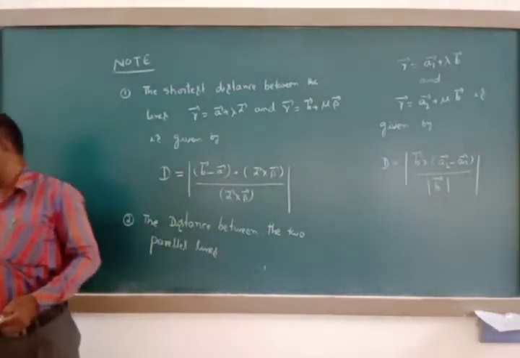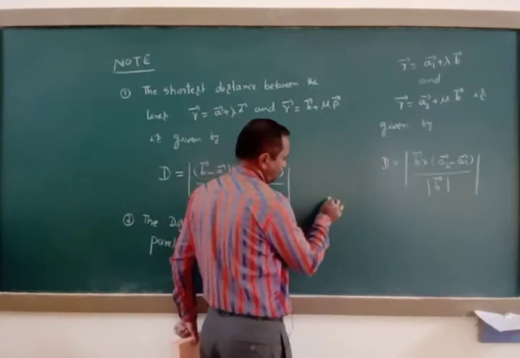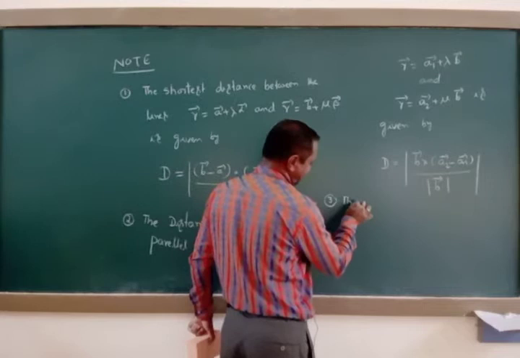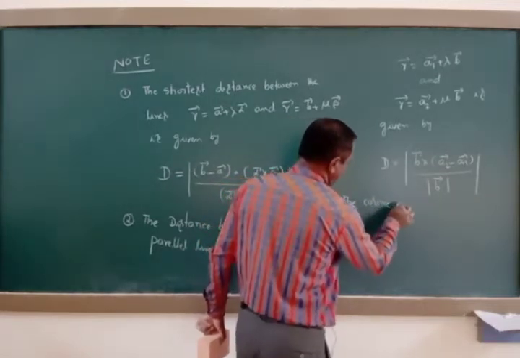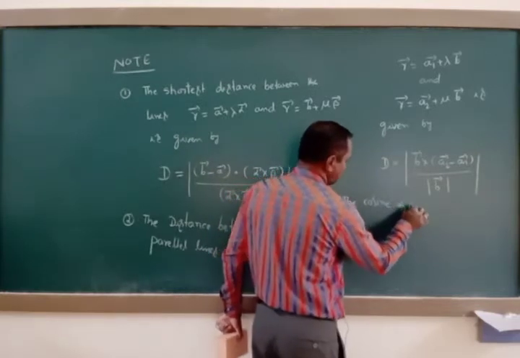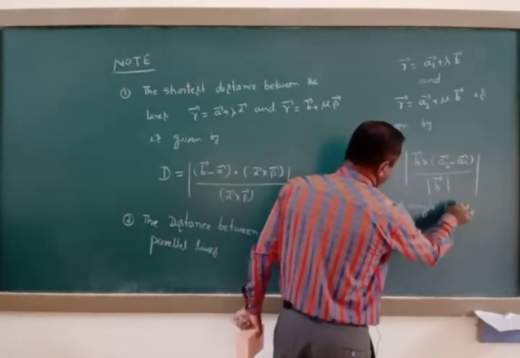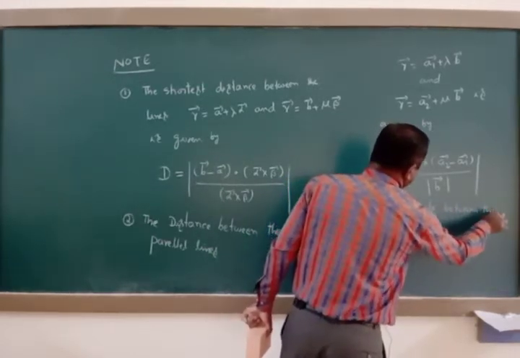Next, the last, third one is the cosine of the angle between the two lines.